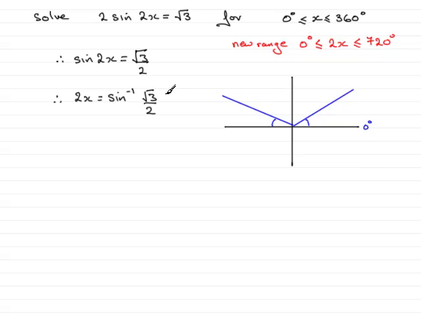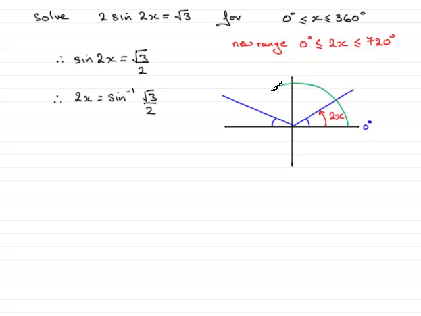Next, we need to mark in the angle 2x. The angle 2x will be this one here because that's in the range 0 to 720 degrees. So don't label it x, label it 2x for this example. We next start from here again, and we turn now to the next line.